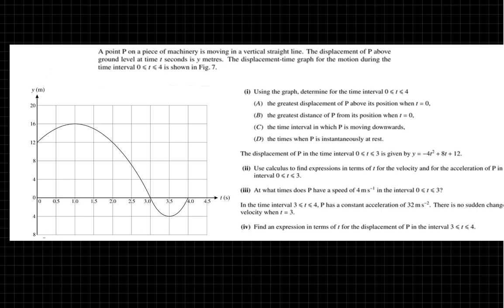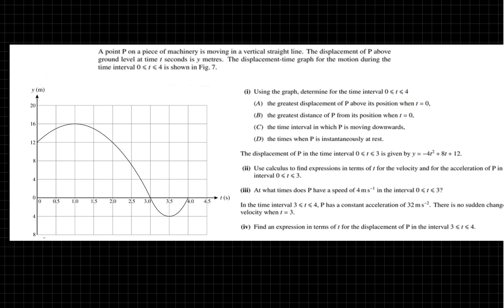I'm just going to point out here in question A and B, part i, the wording of this initially confused me. It's not a very complicated question, but I just want to clarify the wording here. For A, it says, what is the greatest displacement of P above its position when t equals 0? Perhaps I feel like a comma should go, so how should I put it?